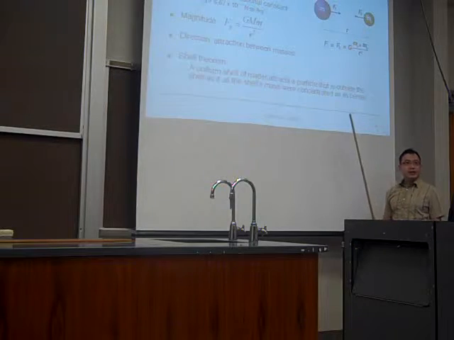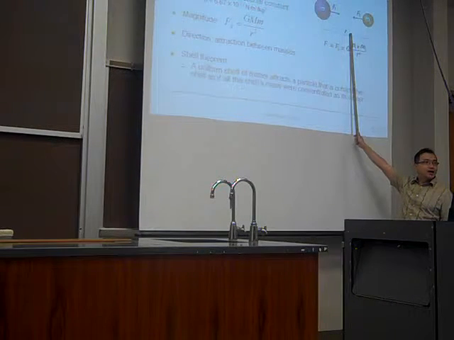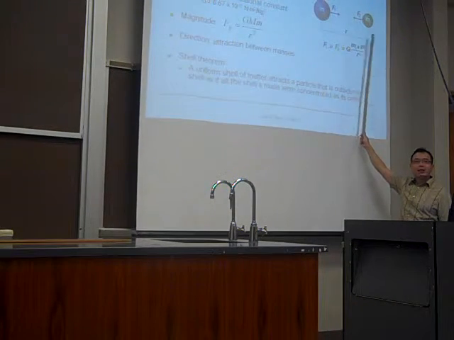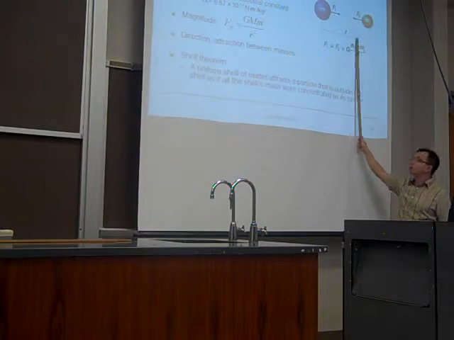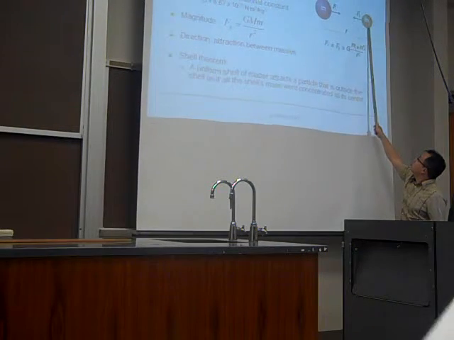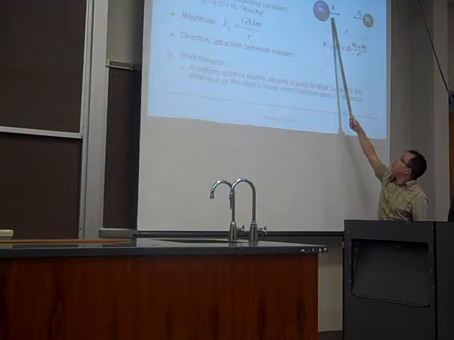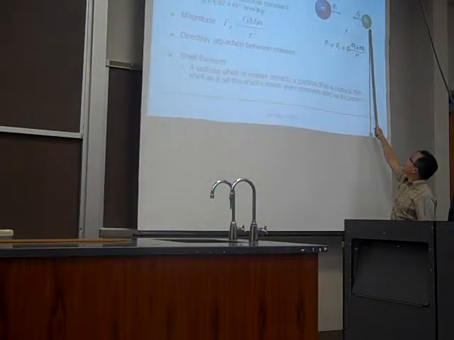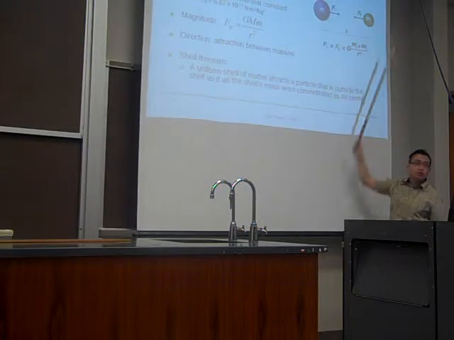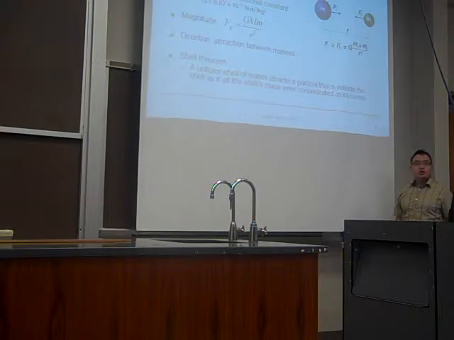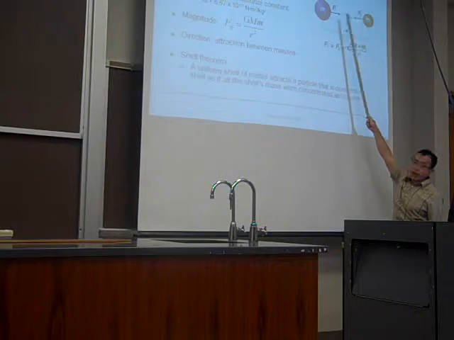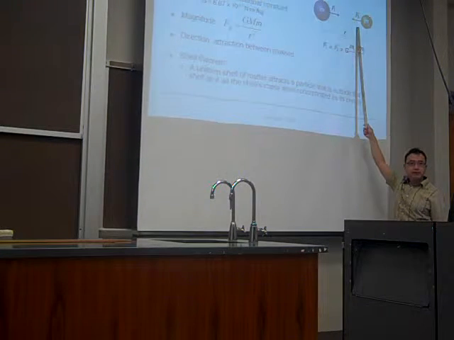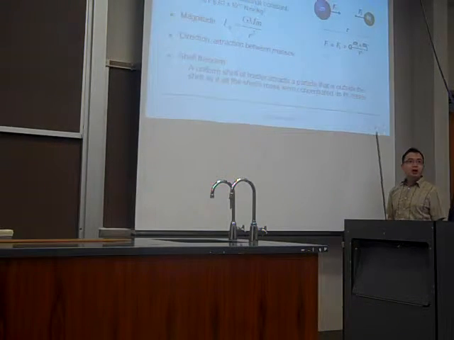Due to the mass, the two objects will attract each other. So m2 attracts m1 with a force, let's call it F1, and m1 attracts m2 with a force F2. The two forces are in opposite directions. They are attracted to each other.